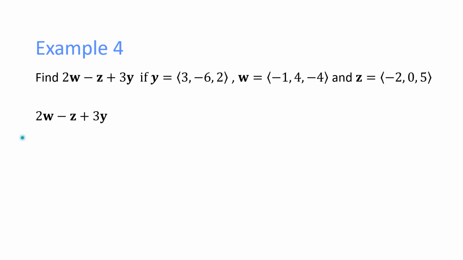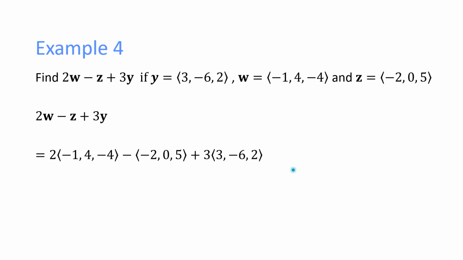To work out 2w minus z plus 3y, firstly we will substitute those vectors as 2 times -1, 4, -4, subtract -2, 0, 5, plus 3 times 3, -6, 2.